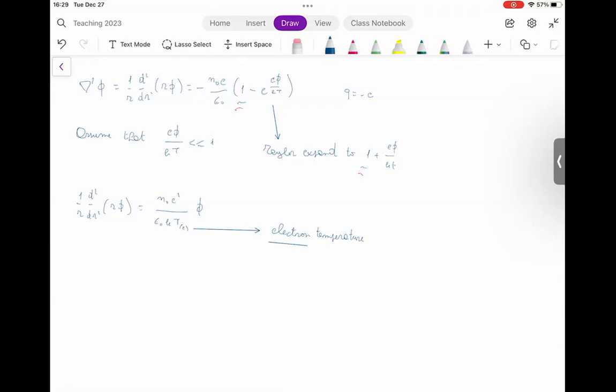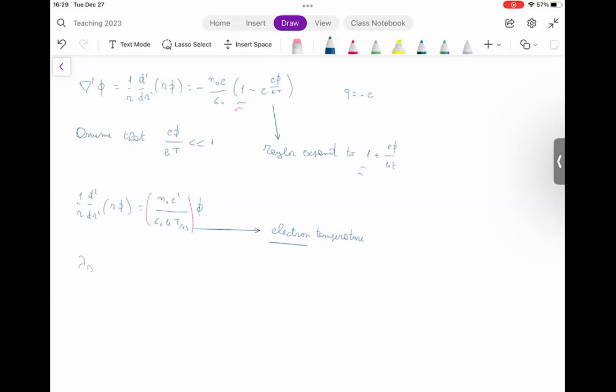I realize that this quantity that I'm going to put in brackets now must have the dimensions of an inverse length squared, just by dimensional analysis. And I'm going to give it a specific name.